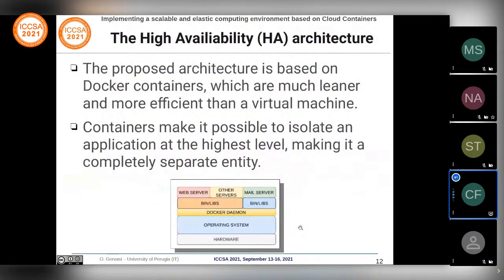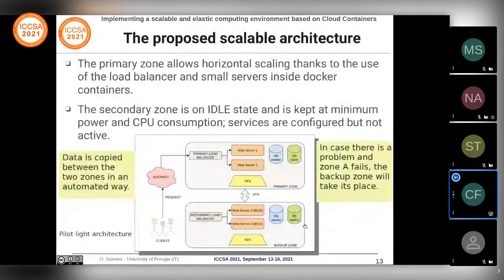So we are discussing the high availability architecture. This is our design. We have two areas, possibly separated by a long distance, in order to guarantee that in case of disaster we can recover the data easily.